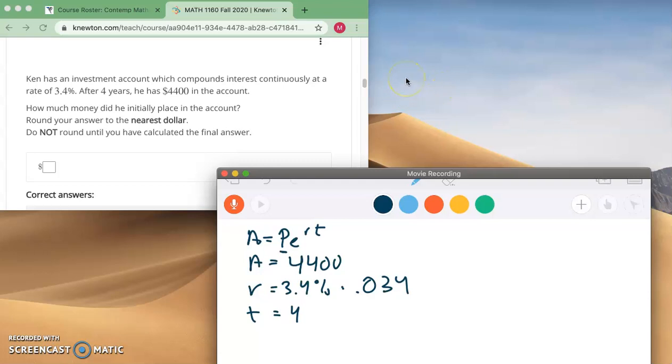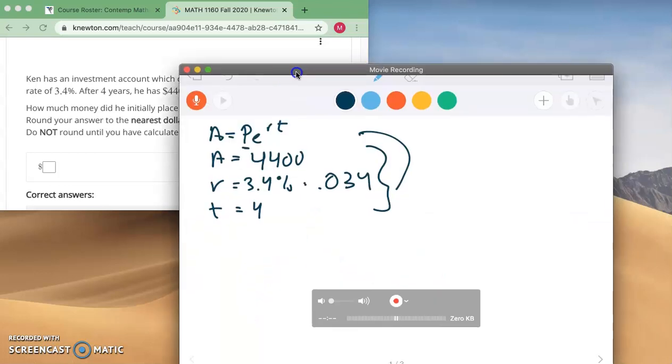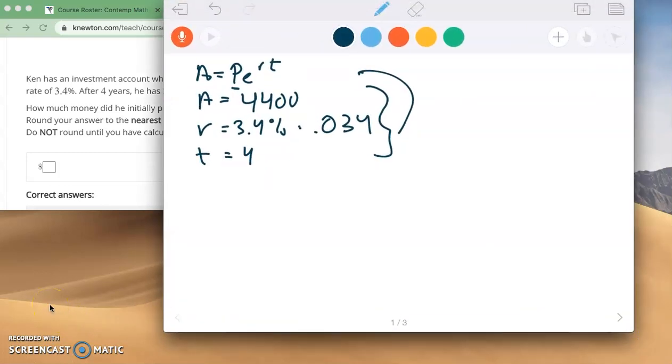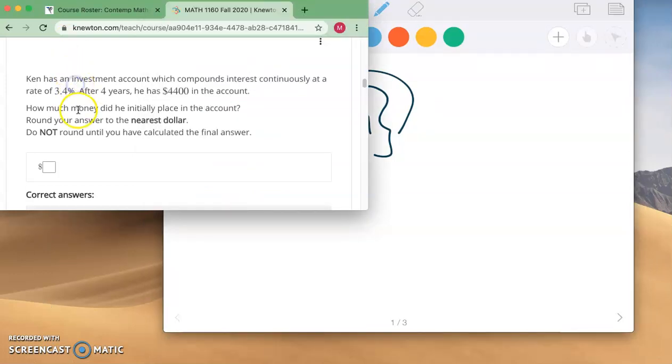So let's plug all of our knowns in again for that formula. Actually, you know, let's do this first. Let's go ahead and solve for P. That way we don't have to round, see, it says do not round until the very end.